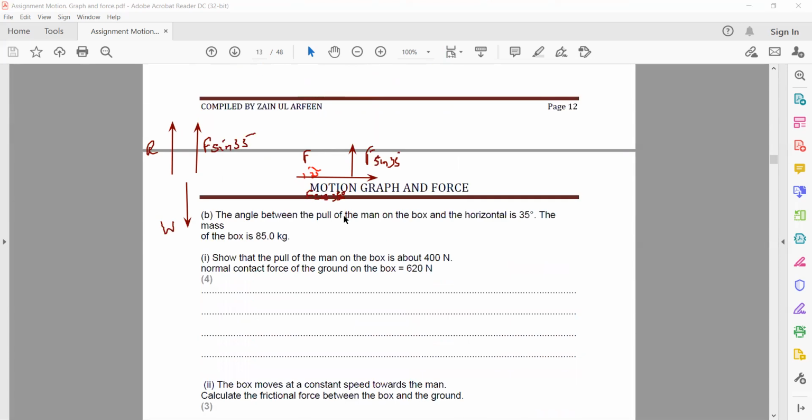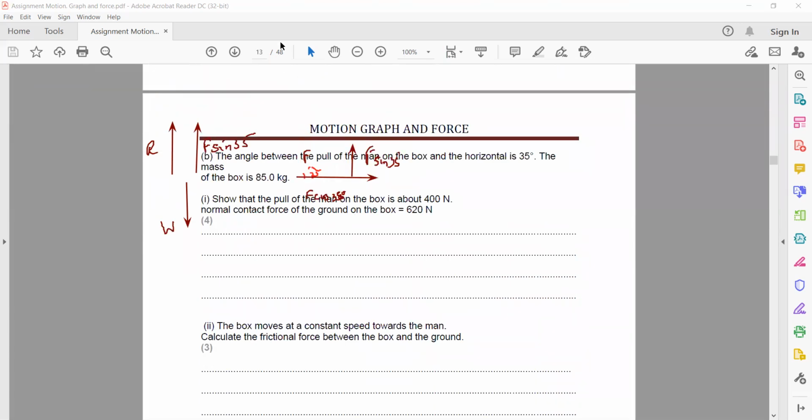So when we write the equation here, we can write R plus F sine 35 minus weight is equal to 0. Why 0? Because this object is not accelerating, so the resultant should be 0.